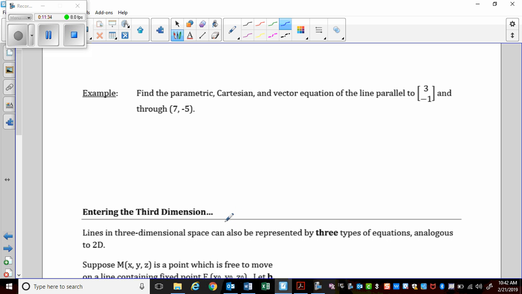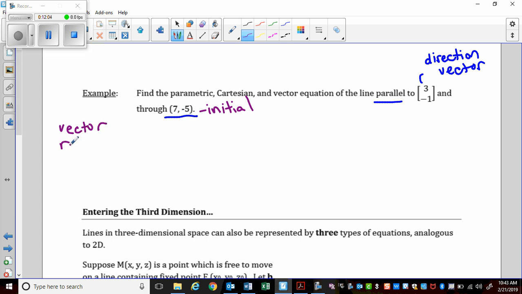All right, it says find the parametric, Cartesian and vector equation of the line parallel to 3, -1. This is our direction. And through, this is our initial point. So our vector equation is pretty easy. We'll use this one first. Remember, it's R equals A plus T times B. R is xy.